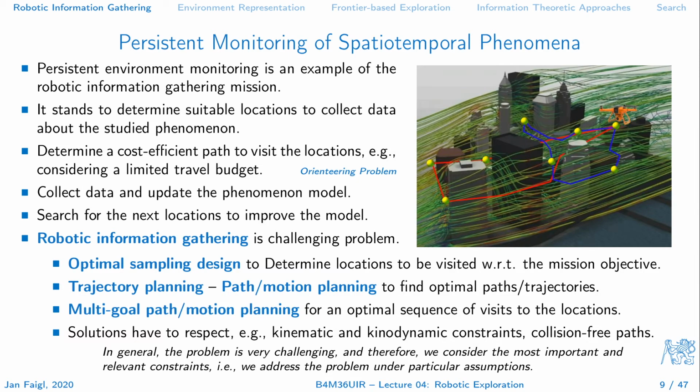And of course, you can further consider other constraints like kinematic or kinodynamic constraints. The path should be collision free. In general, the problem is very challenging, and we need to consider the most important and relevant constraints and address the problem under particular assumptions. So it's also related to what we captured in the second lecture about the frame problem.